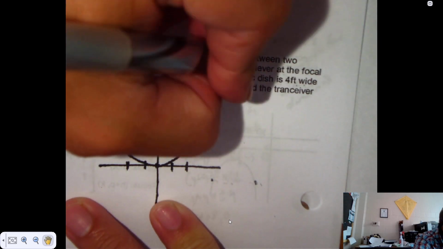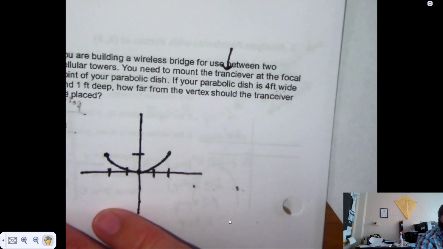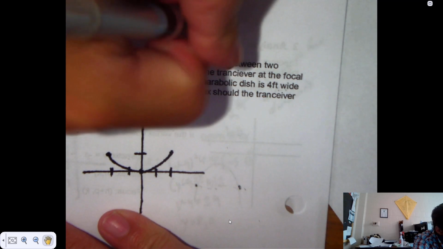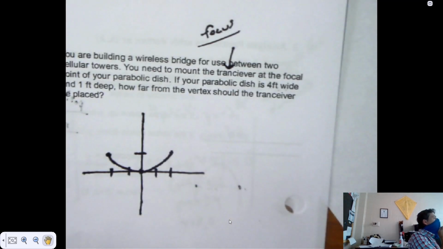Now, I don't know if I talked about this yesterday or even just this morning. A transceiver is the focus. That's where all the energy of a parabolic dish is focused at. What a transceiver is.